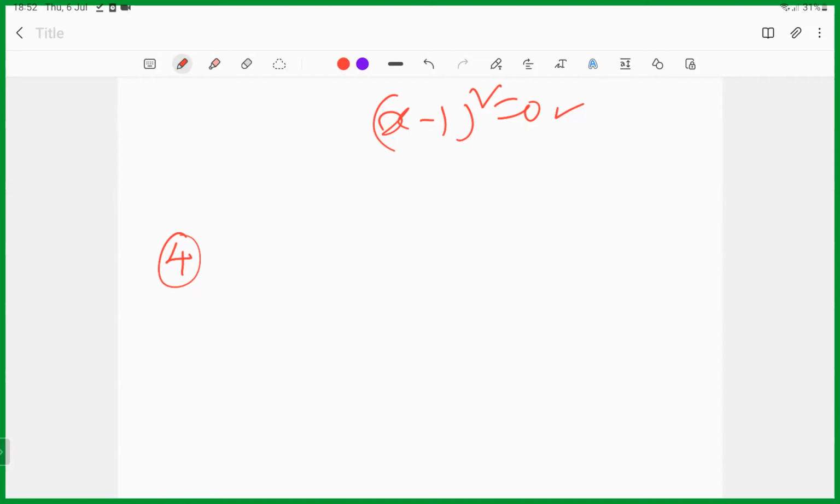One root is given. What is the product of the roots formula? C by a. What is the sum? Minus b by a, right?